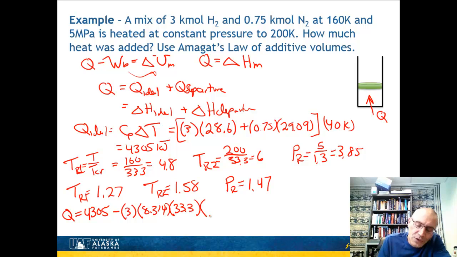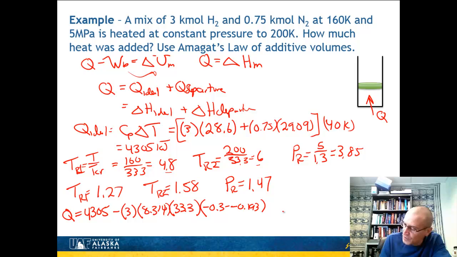And then I need to look up my values of Z sub H, and I've done that, and it's minus 0.3 at the final state, and minus 0.193 at the initial. A couple of negative values, because it's at a high reduced pressure. Actually, it's really because it's at a high reduced temperature. But I plug those into EES.